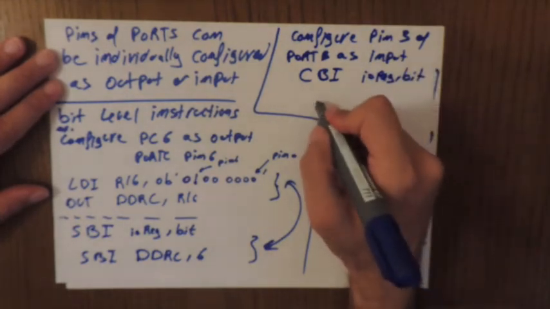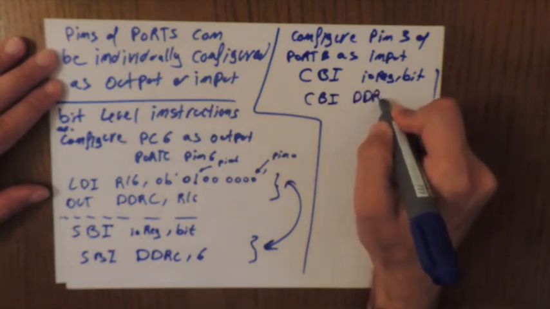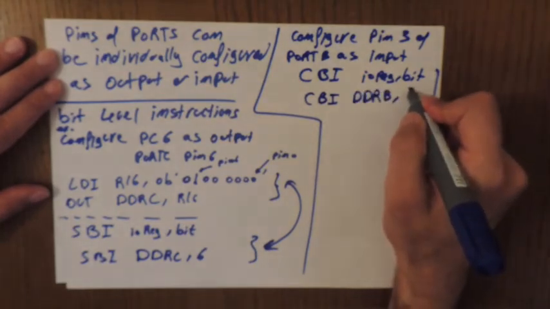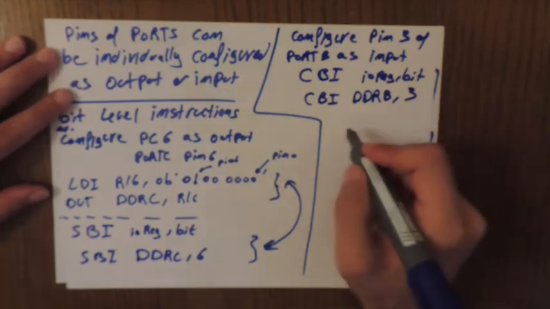I can say CBI DDRB, comma 3, and this clears pin number 3 or bit number 3.